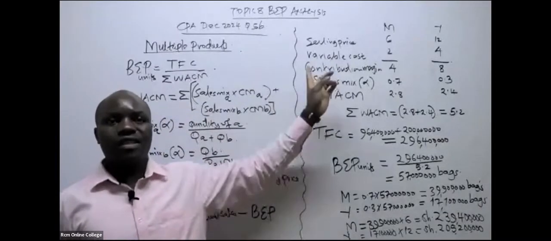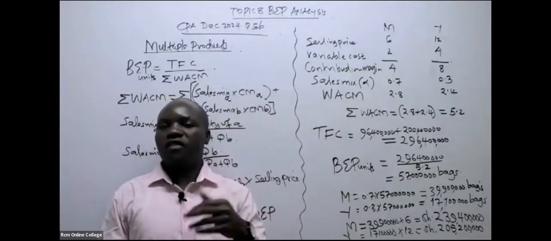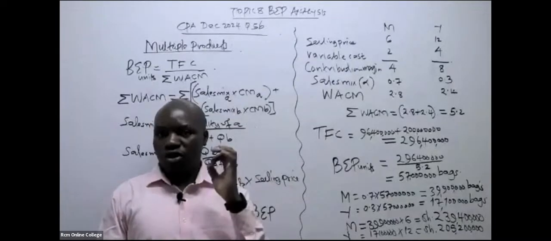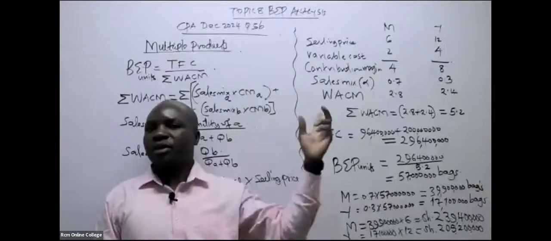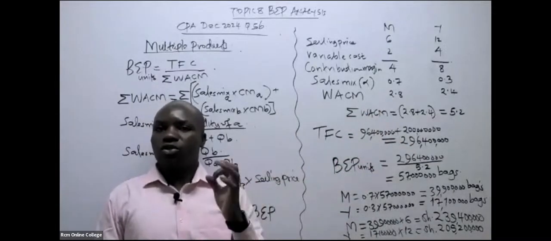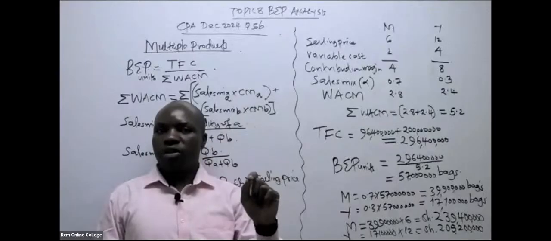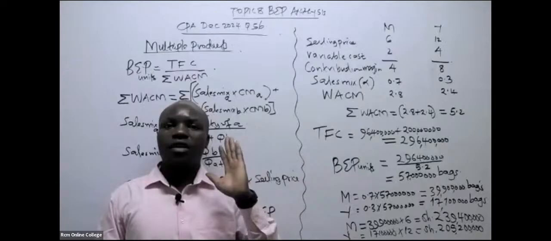That's why we took the sales mix ratio of 0.7 by 57 million to give us the quantity of product M at break-even point, and 0.3 for product Y to give us 17,100,000 bags of product Y.